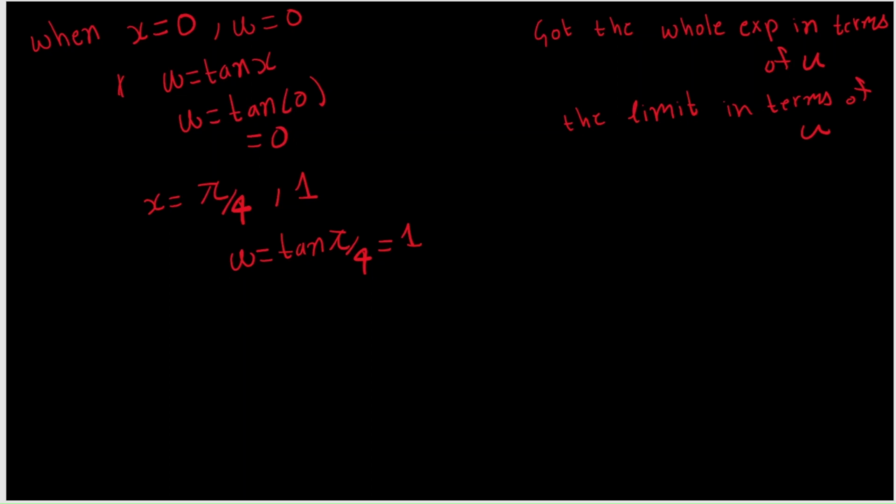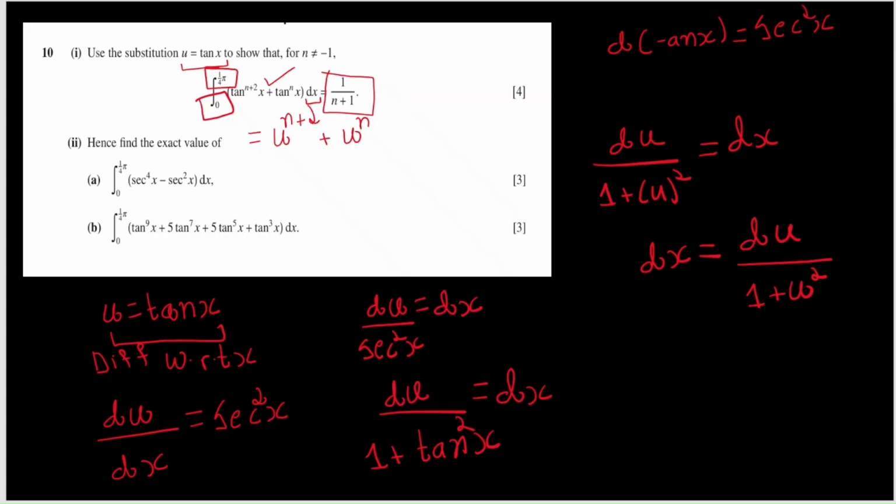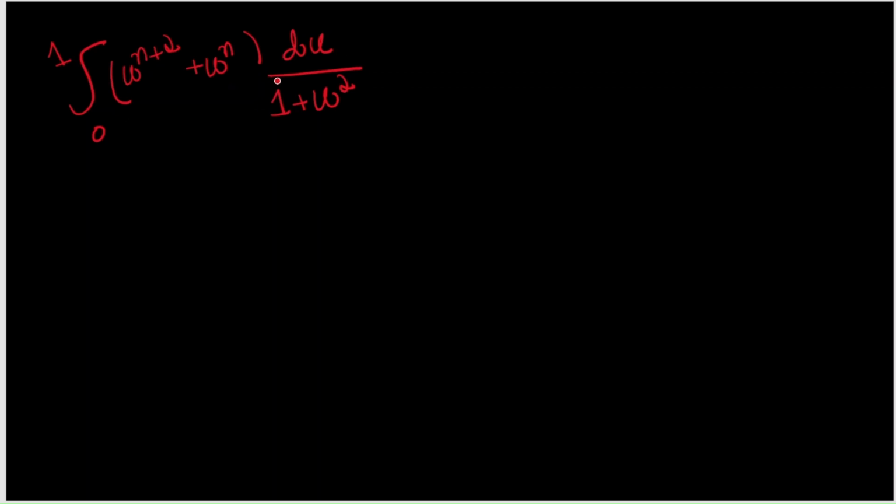So moving forward, now we've gotten all of these things. We know that our expression is the integral from 0 to 1 of (u^n plus u^(n+2)) du over 1 plus u square. Now we are going to have to integrate all of this. And how are we going to do that? Let's see.